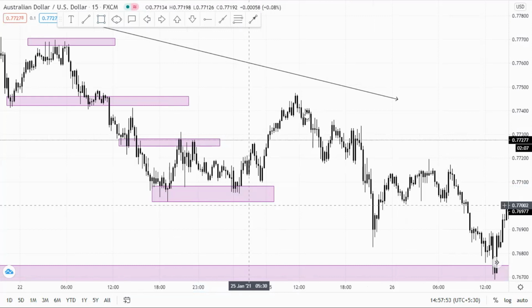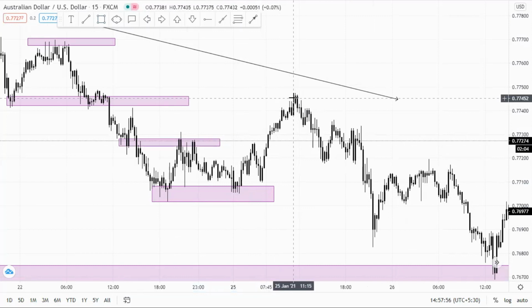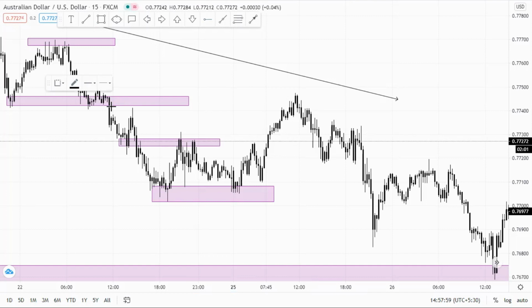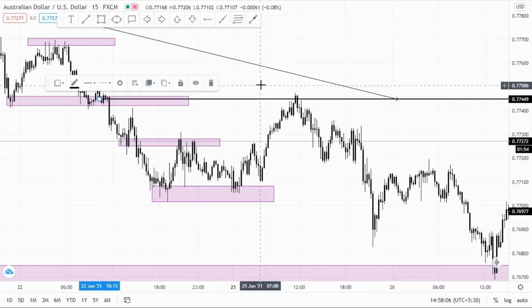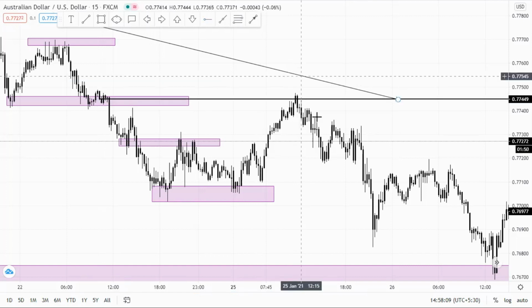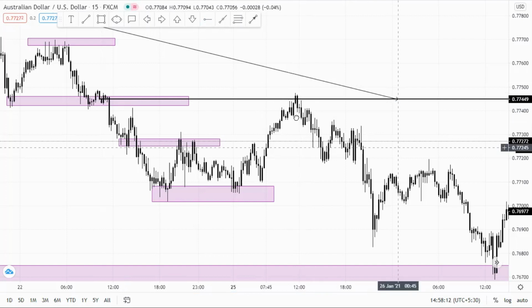As you can clearly see here, price pulled back to this point. There was an area of interest, a level of supply, which held price. Then it failed to break above this point and continued going to the downside.